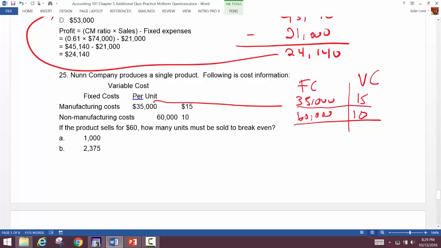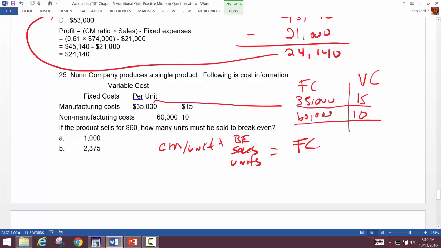Now, the way you mess something like this up on the exam is you start letting the creative part of your brain take over. Don't let it do that. Okay? You've got to keep that creative part in a cage while you're doing these things, and say, well, look, I know that my contribution margin per unit times my break-even sales units has to equal my fixed cost, doesn't it?